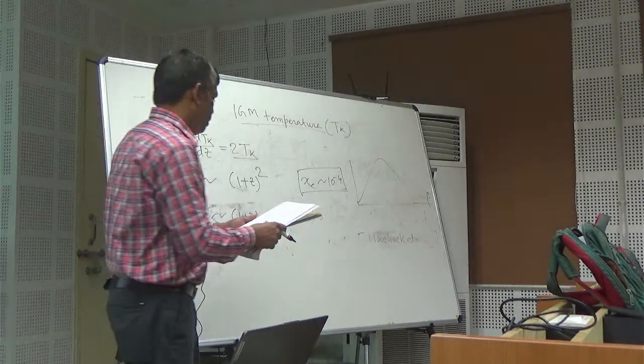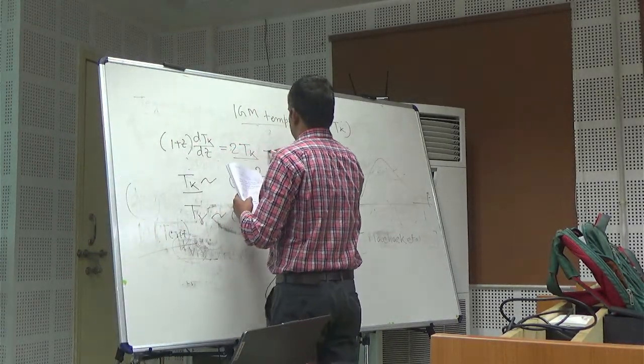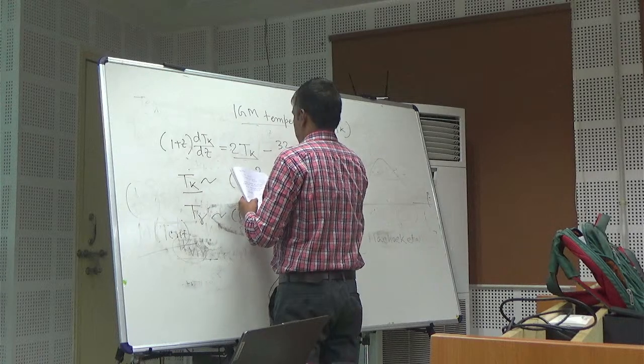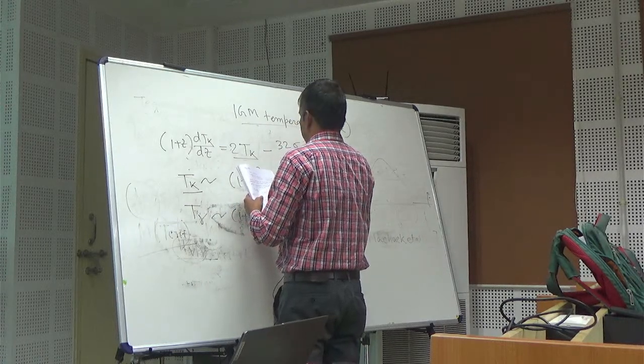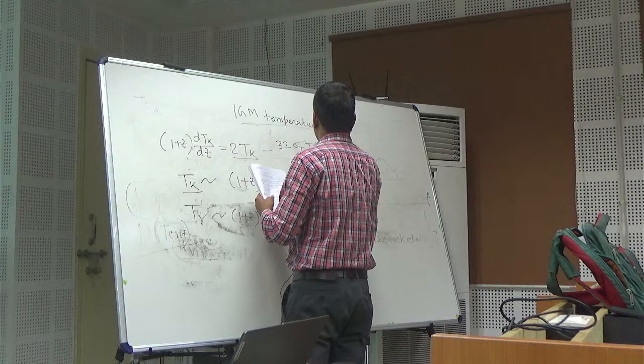So that interaction term is something like this: 32 sigma T to the power 4.